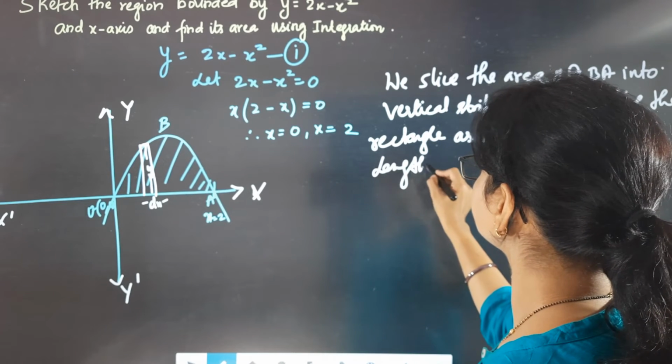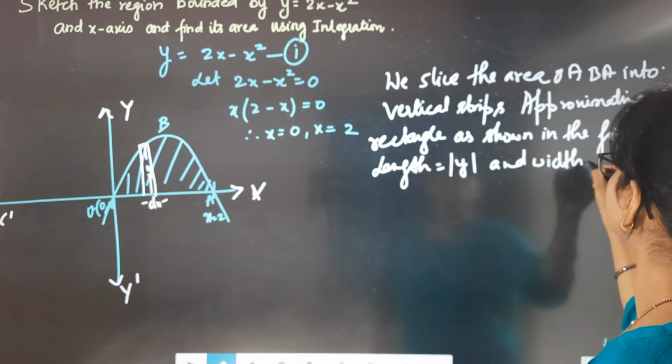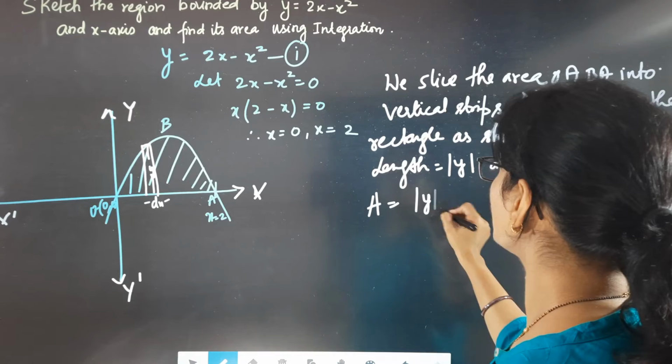Length will become modulus of y and width will become dx. So area of the region will become modulus of y dx.